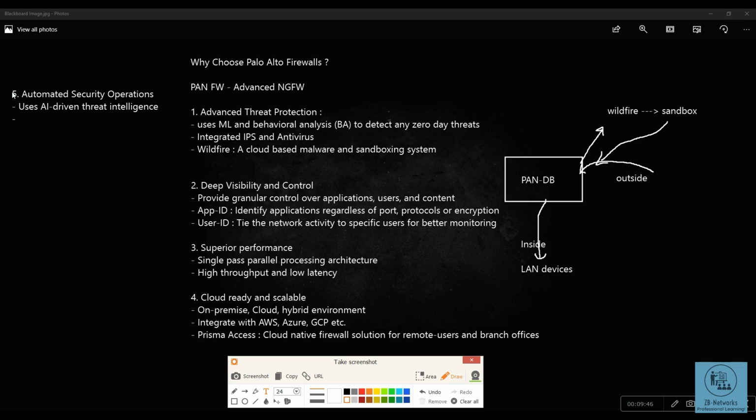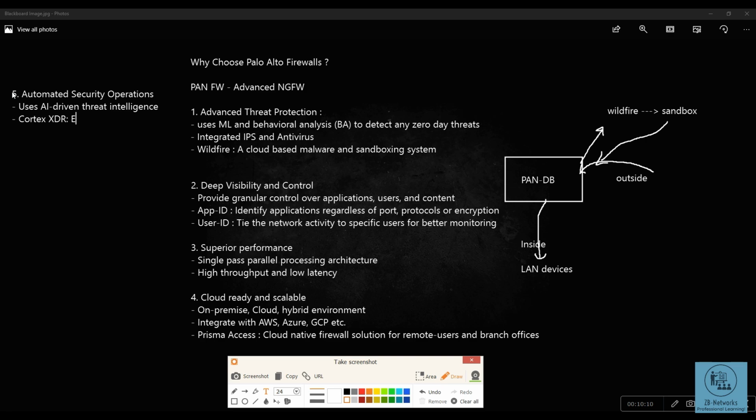And subsequent to that, we have a product of Palo Alto that is called Cortex XDR, right? Cortex XDR is going to be a product for detection and response capabilities across your network, endpoints, and clouds, right?